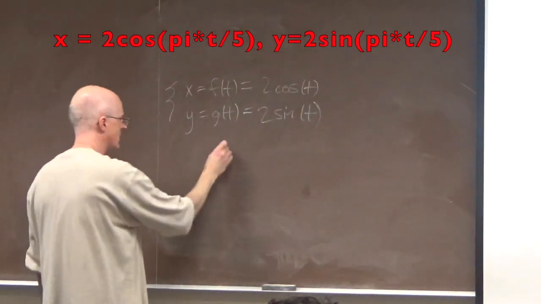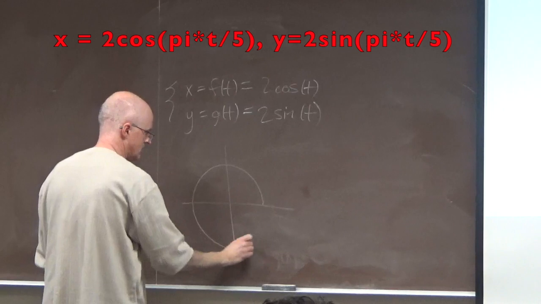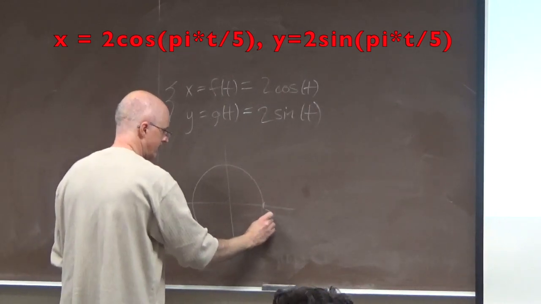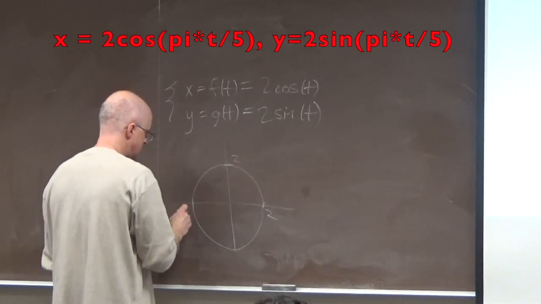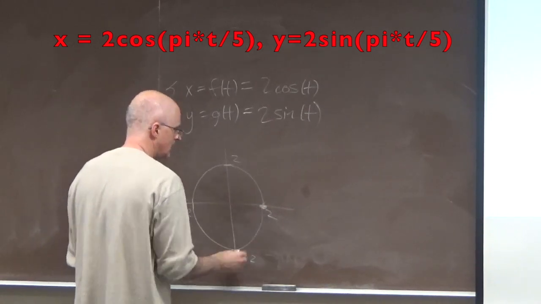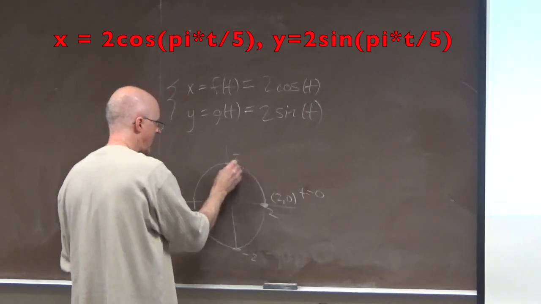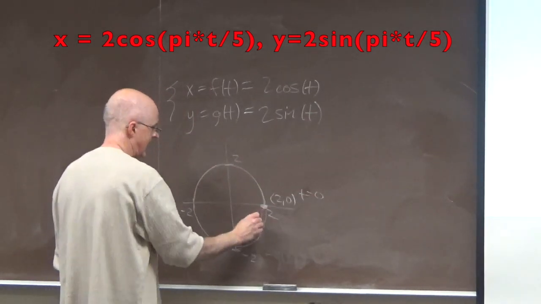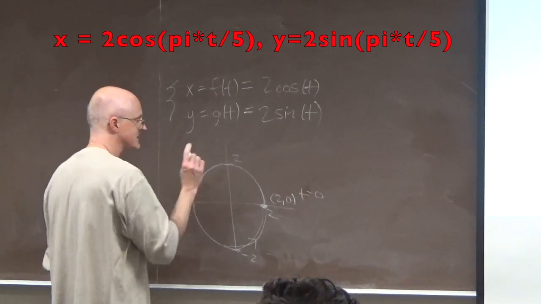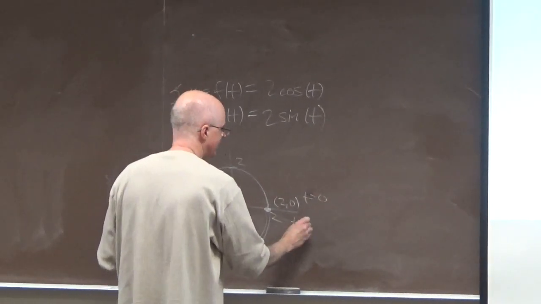That'll be a motion along a circle centered at the origin, of radius 2, starting at the point (2,0) when t equals 0, going around counterclockwise, and ending at the point, oops, this is not quite right, sorry. I want it to end at the point (2,0) when t is 10.